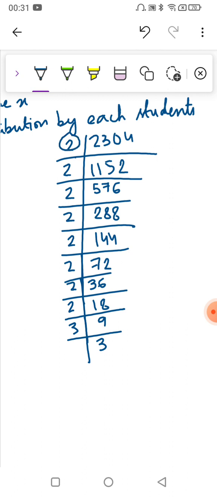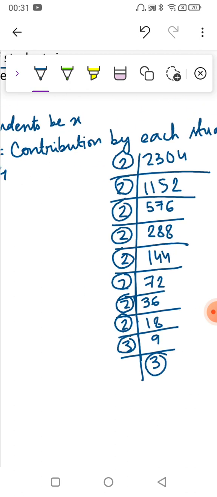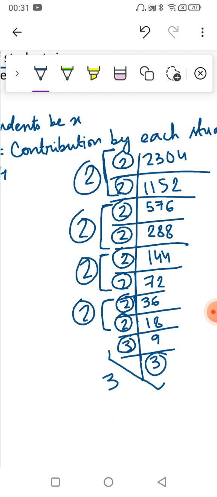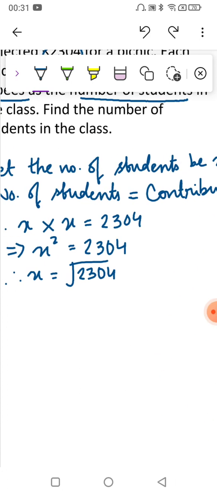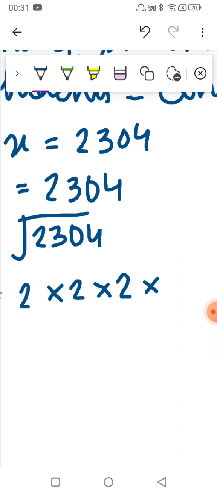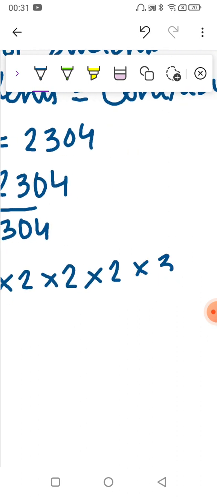We'll count the 2's. 1, 2, 3, 4, 5, 6, 7, 8. So there are 8 2's and 2 3's. So you can see these two make a pair, these two make a pair, these two make a pair, and these two make a pair. So there will be one 2, another 2, another 2, another 2, and from these two 3's we get a 3. So 4 2's and a 3.